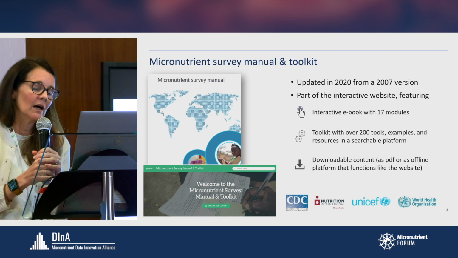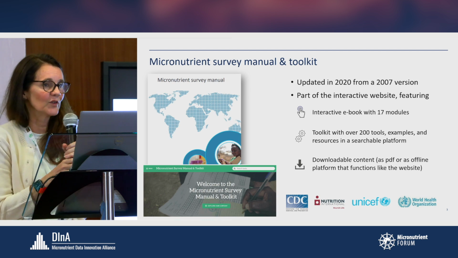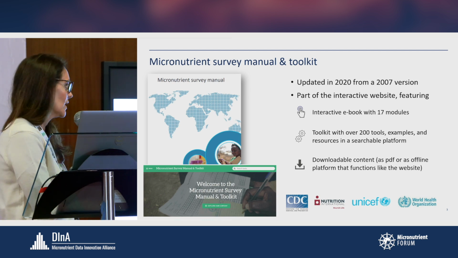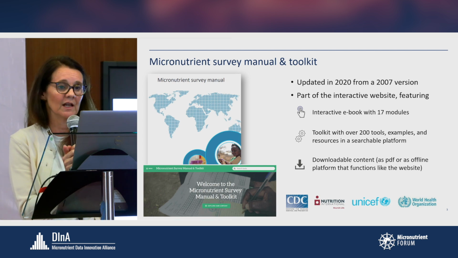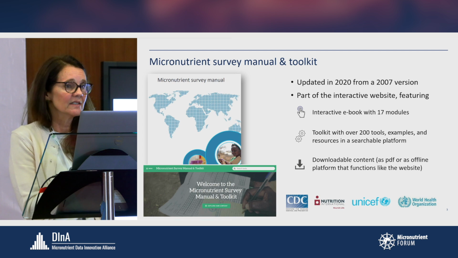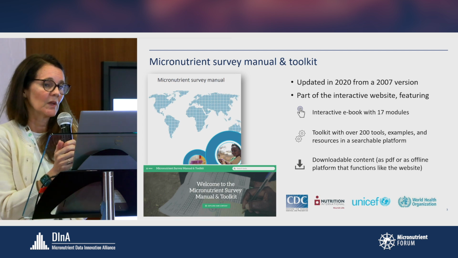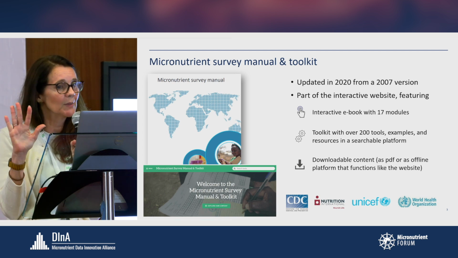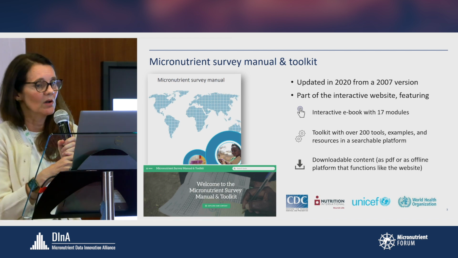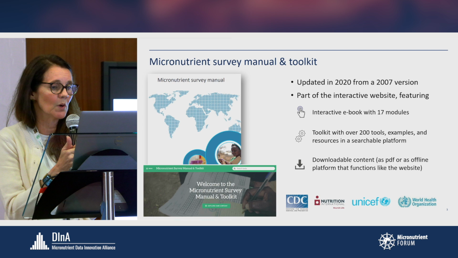And what we have aimed with this is to really support those who are conducting cross-sectional surveys that involve the analysis of micronutrient biomarkers. It is an interactive tool, so it's a printed manual, but it also has an interactive website that we call an ebook. It has 17 different modules.